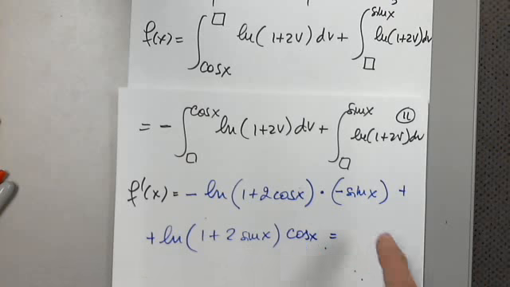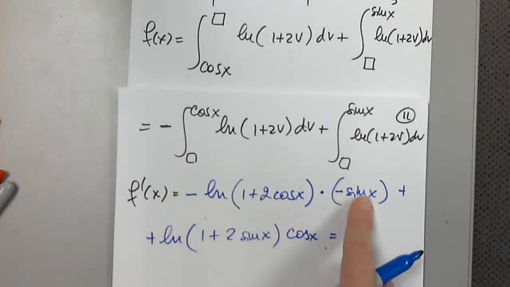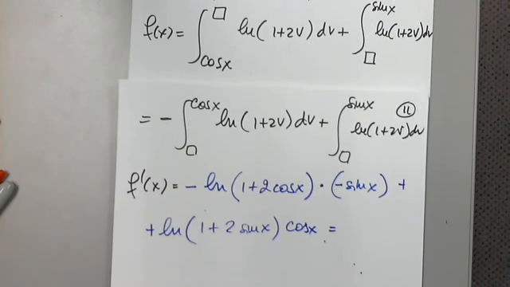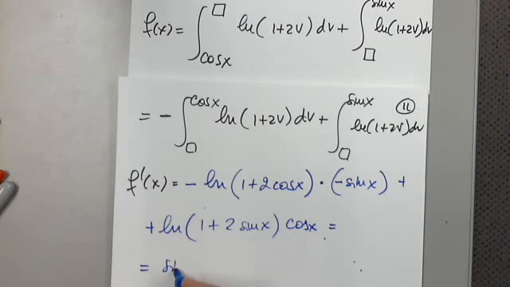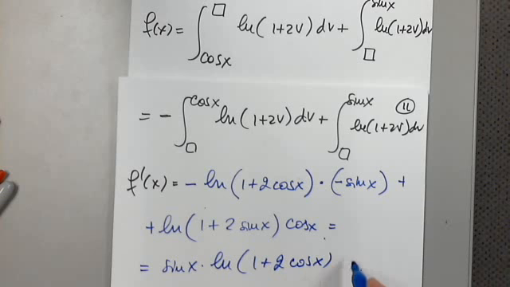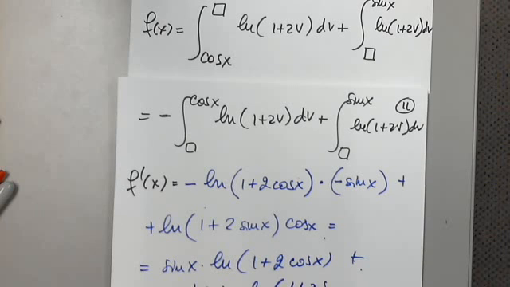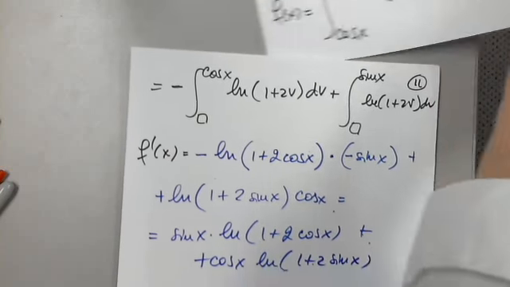All I will do is just rearrange. I have two negatives in the product, so I will put sine in front, cosine in front, and nothing else. I can't do anything else. So sine x times natural log of 1 plus 2 cosine x, plus cosine x times natural log of 1 plus 2 sine x.